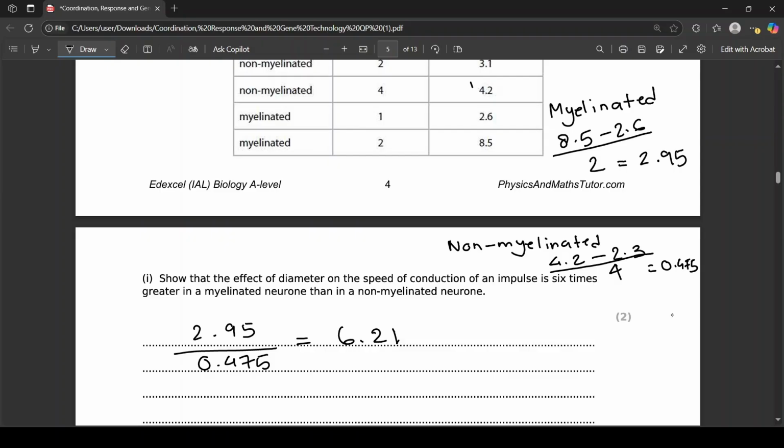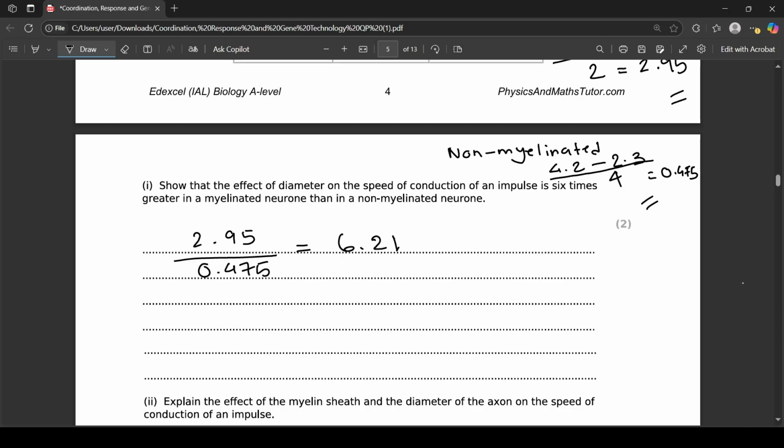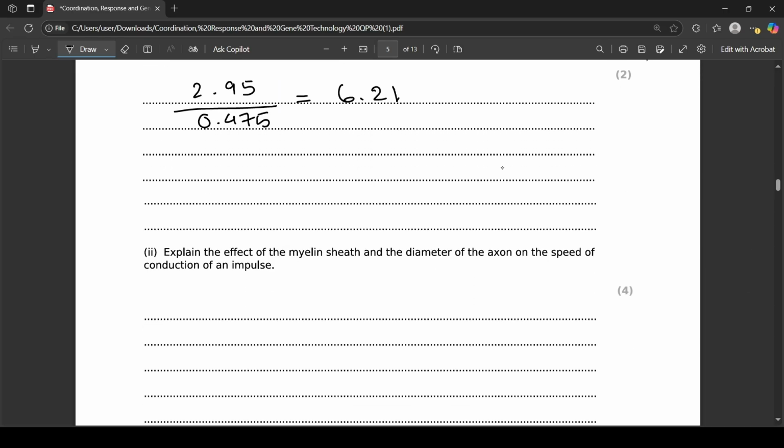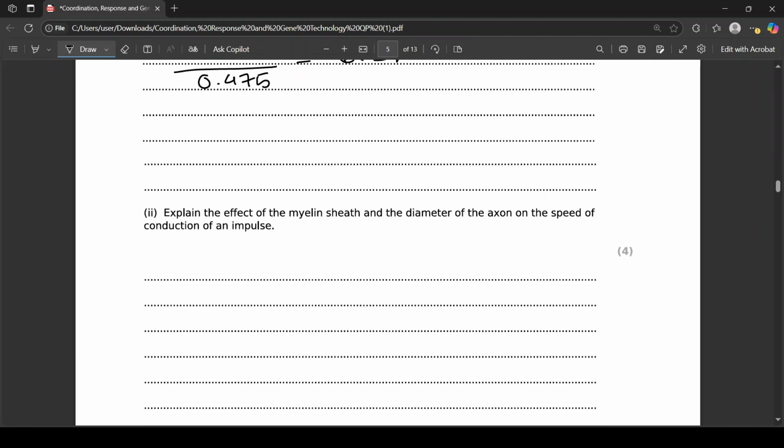So that's our answer. You'll get 2 marks for showing this one, and you'll get 2 marks for showing this one. All right. I could have done it literally here, but I've done that there. Okay, no problem. When you solve that, make sure that you're doing it within this blank space.